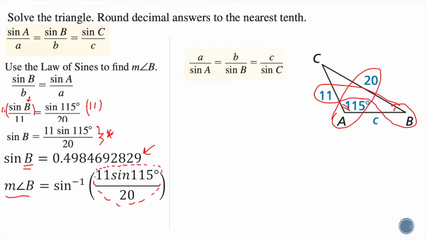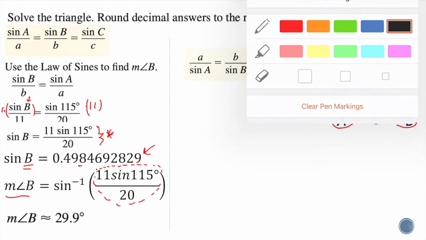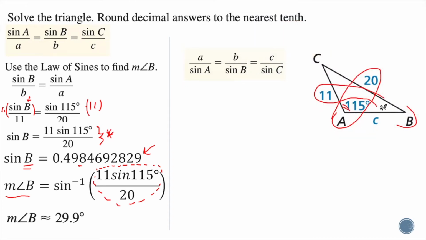However, if you round that to 0.498, you'll get very, very close, and that will be approximately 29.9 degrees. So that means angle B is 29.9 degrees.